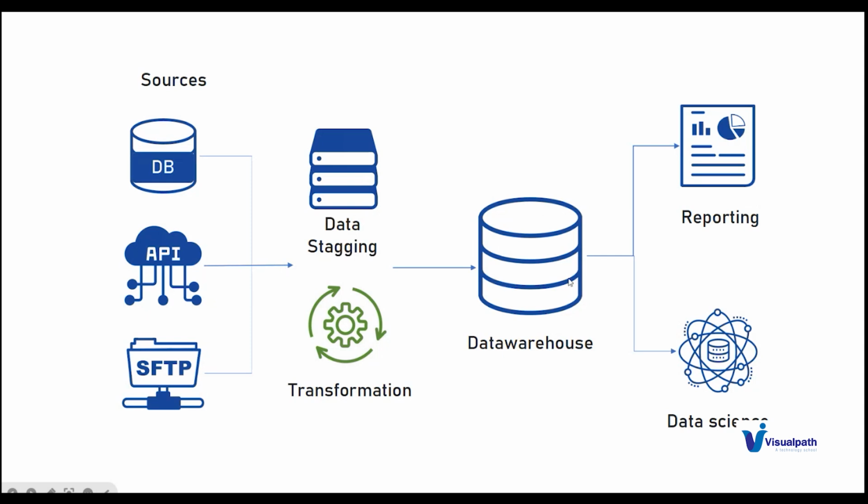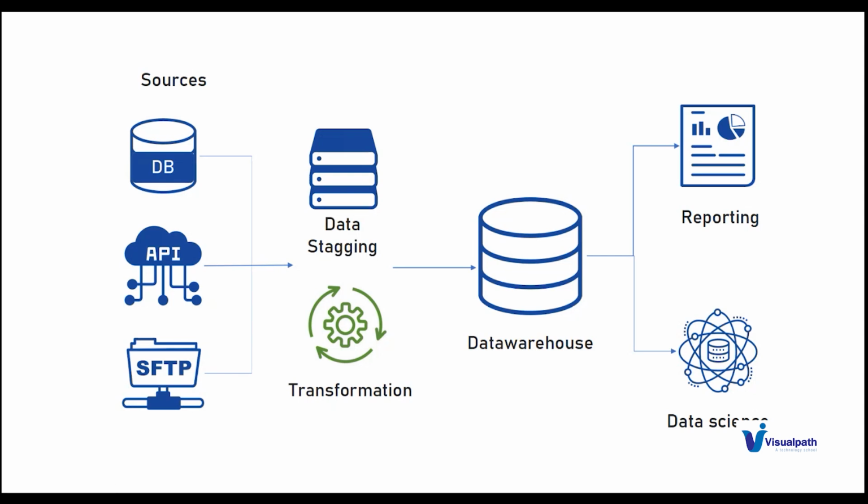Another thing is, as time evolved, these data warehouses became capable enough to do the transformation within the warehouse, so you don't need any third-party transformation tools. For example, with Informatica PowerCenter, transformations happen in the Informatica engine itself, and then data is loaded into the warehouse. But now the trend has changed.